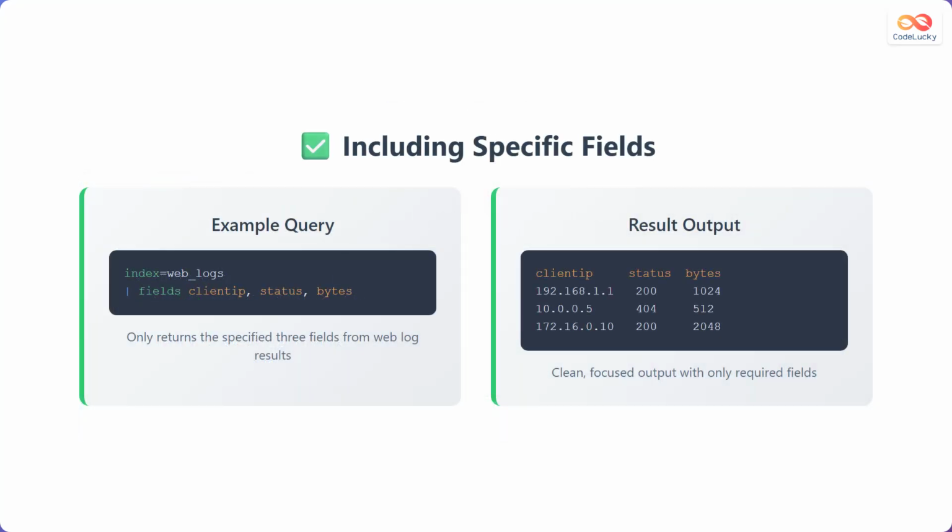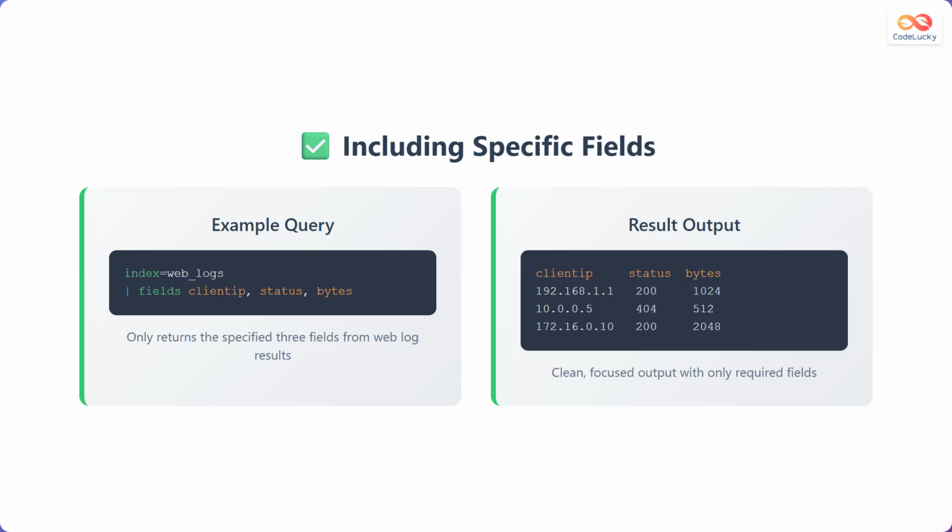When you want to focus on specific fields in your search results, the include syntax is your best friend. Let's look at a practical example using weblog data. If you search index=web_logs, and then pipe the results to fields clientip, status, bytes, Splunk will return only these three specified fields from your weblog results.